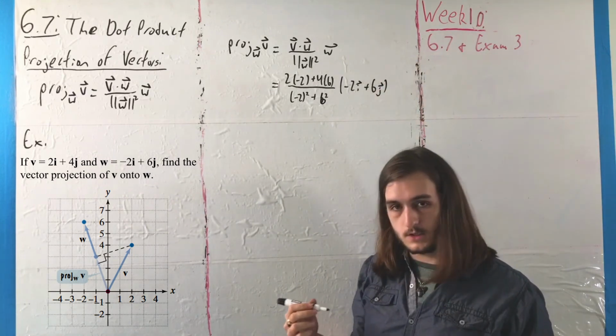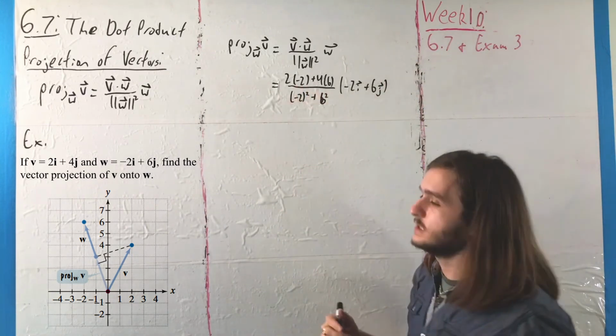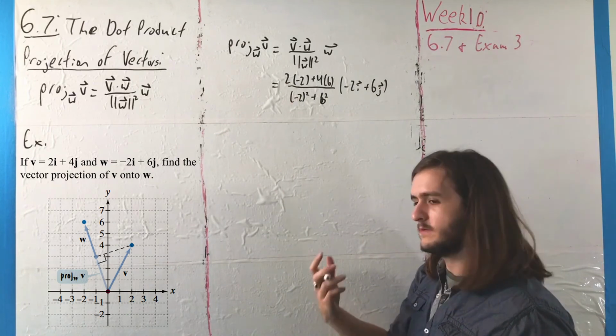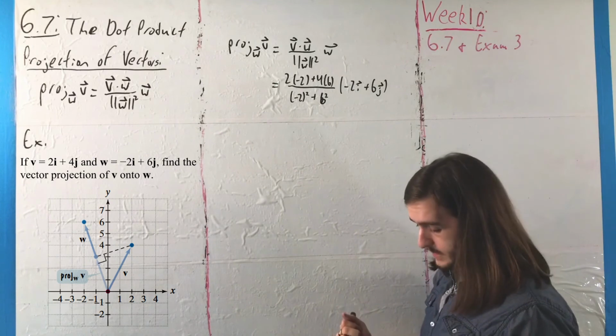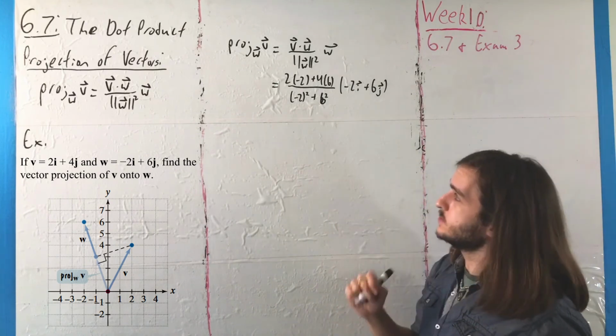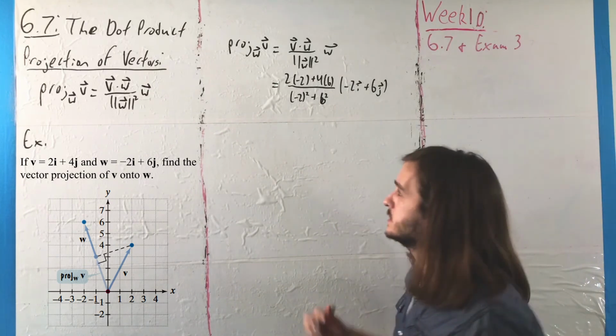And once we have all of our terms like that, we'll pull these together. It's multiplication and addition. Hopefully we're somewhat comfortable with that. We should get 20 divided by, in this case, 4 plus 36, or 40.